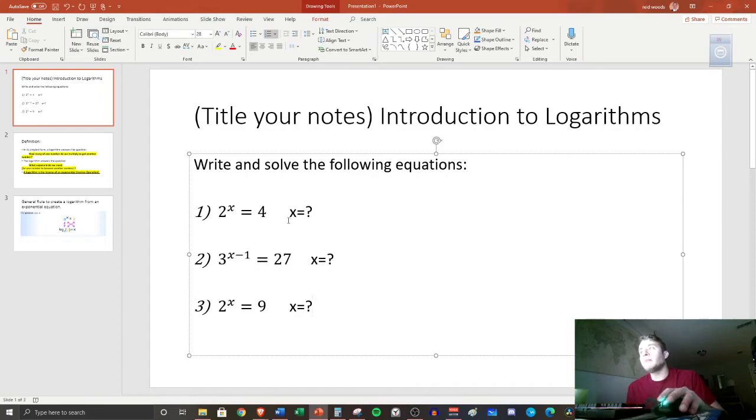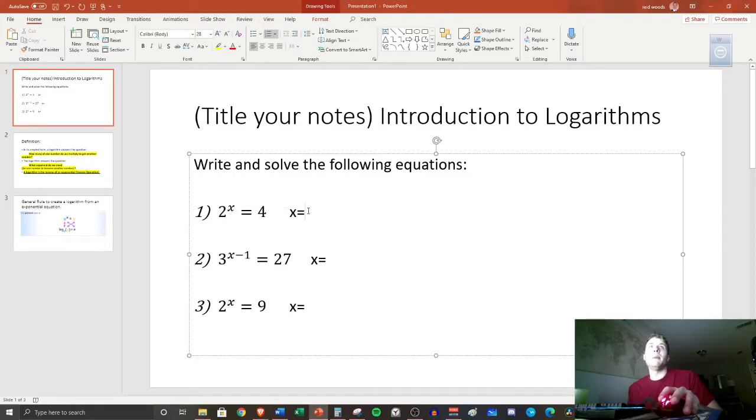Okay, so you had time to work on these. I'm going to go through them and talk about how you should have thought through them, and we'll see if you got it correct. So let's talk about number 1. What you have to do here is think, what x value is going to go in here, which means I'm raising this 2 to some power that gets me 4.